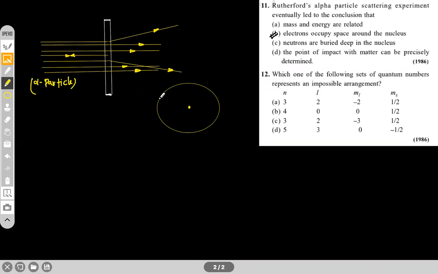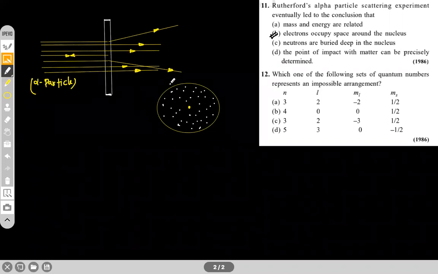Between the electrons and the nucleus there is vacant space available around the nucleus in an atom, and this is the orbit in which the electron is present. Hence the option about space around the nucleus is correct.